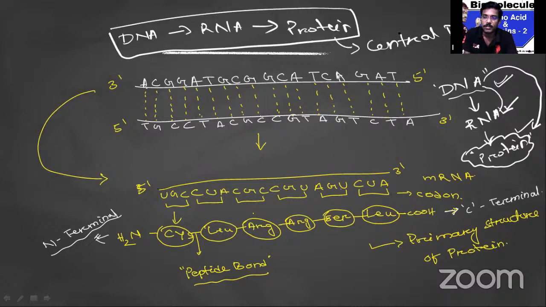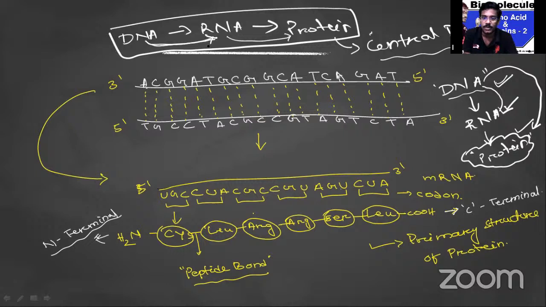What is the central dogma? The central dogma is the unidirectional flow of information from DNA to RNA and RNA to protein synthesis. It is unidirectional because only DNA can make the RNA, and RNA can make the protein.